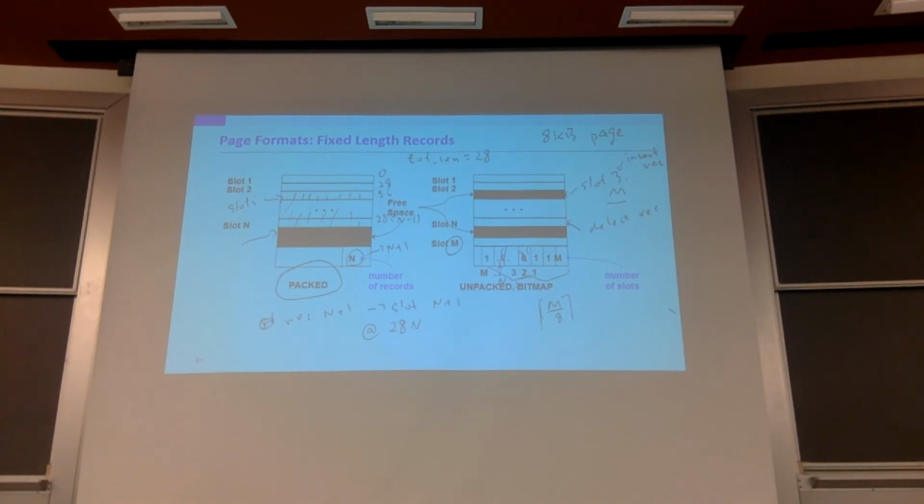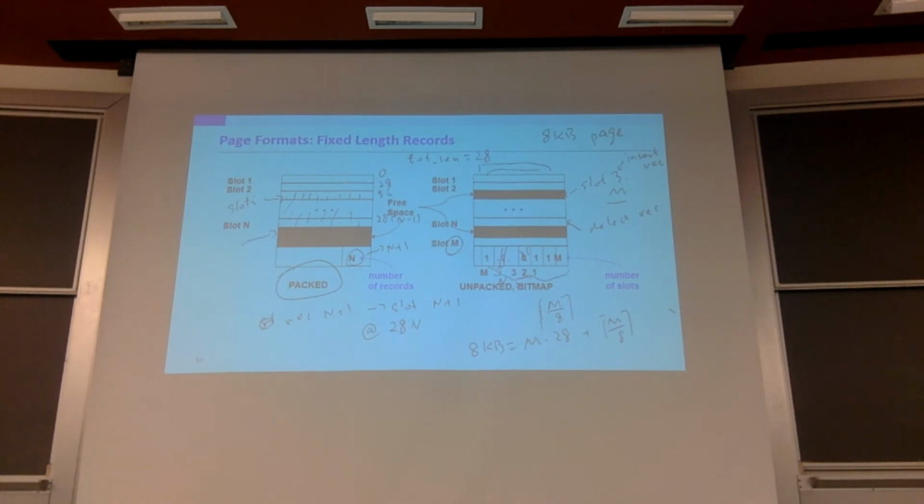Yes, that's right. Typically, we will still have a header here, right? But just for simplicity, we just ignore the header for now. If that's the case, basically 8 kilobytes will be m times the length here, that's 28, plus m divided by 8 and the ceiling. Okay?